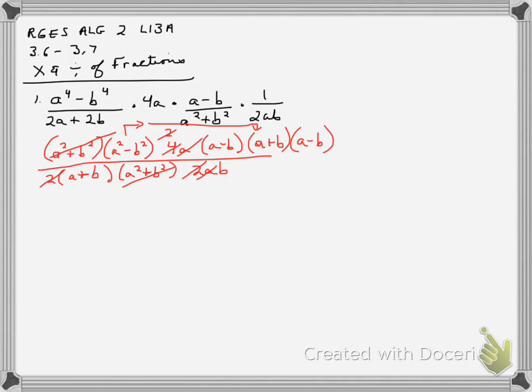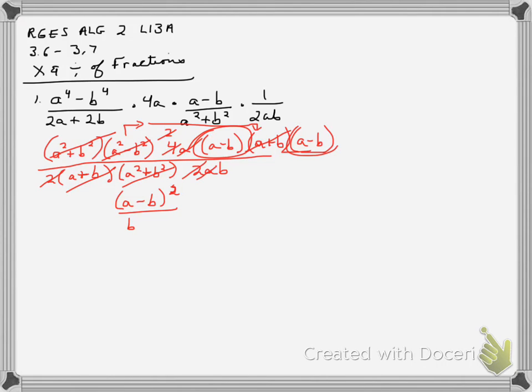So I could have illustrated that a little more efficiently. This would cancel with this, and now what have I got? That, of course, cancels out because that got re-expressed over here. And now I've got a minus b squared, because I've got it twice, and only a b in my denominator.